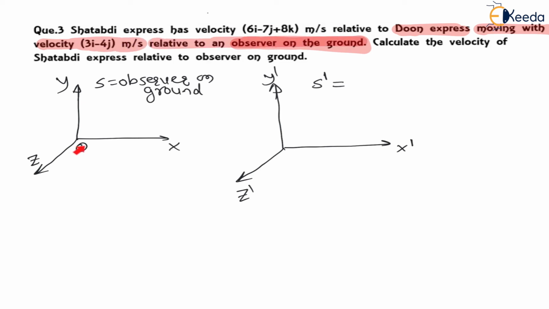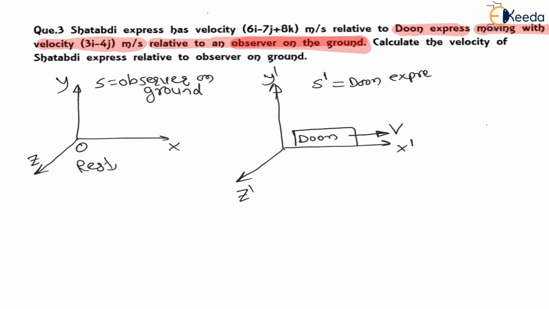Means relative to this observer, who is at rest, this Dune Express is moving with 3i minus 4j meter per second. So my dear students, Dune Express is nothing but another frame of reference. S dash is nothing but Dune Express.